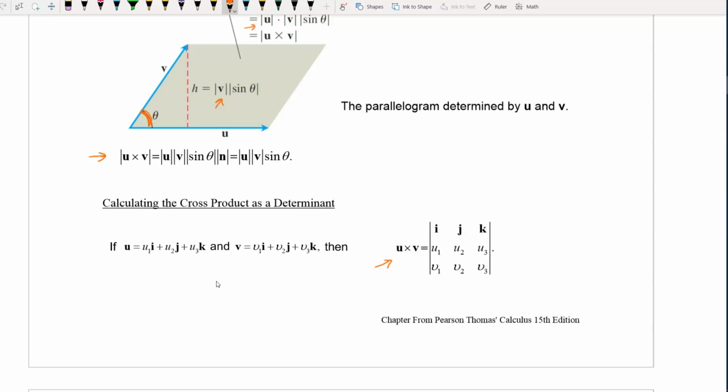In the second row we have vector u, so u1, u2, u3, and on the third row we have vector v, so v1, v2, v3.